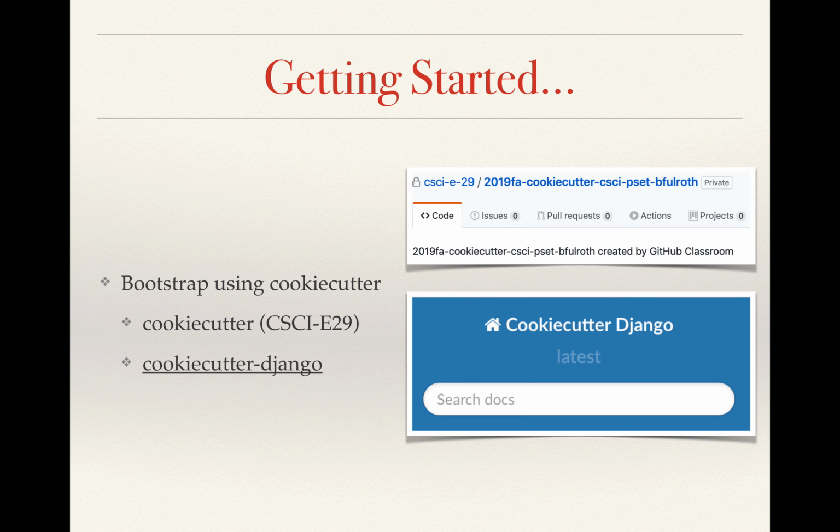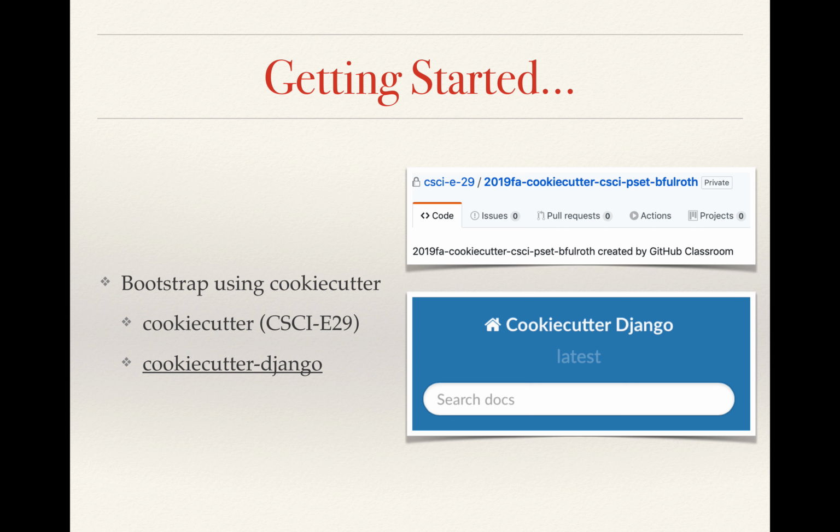In terms of getting started, I leveraged both the cookie cutter that I created for this class as well as the Django cookie cutter provided on the cookie cutter website. I did this to basically bootstrap and codify the best practices in starting a Django-based app.